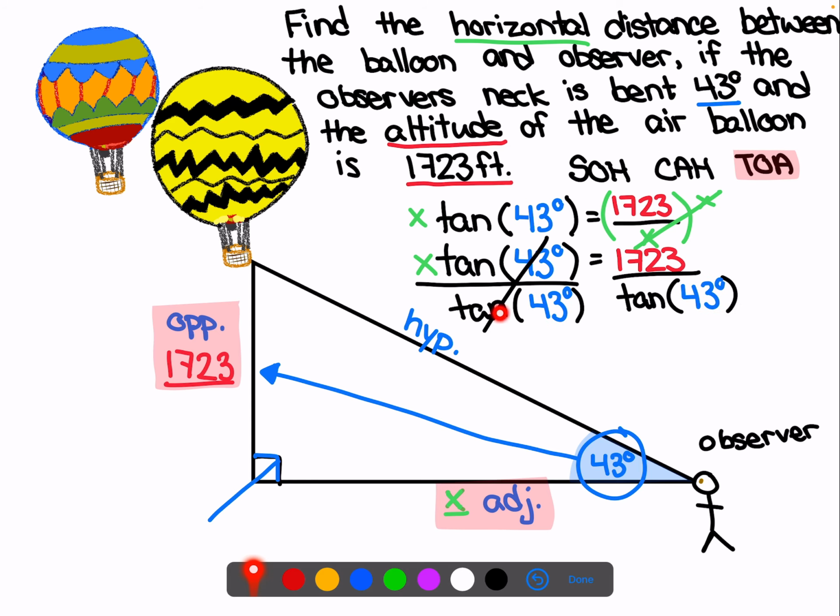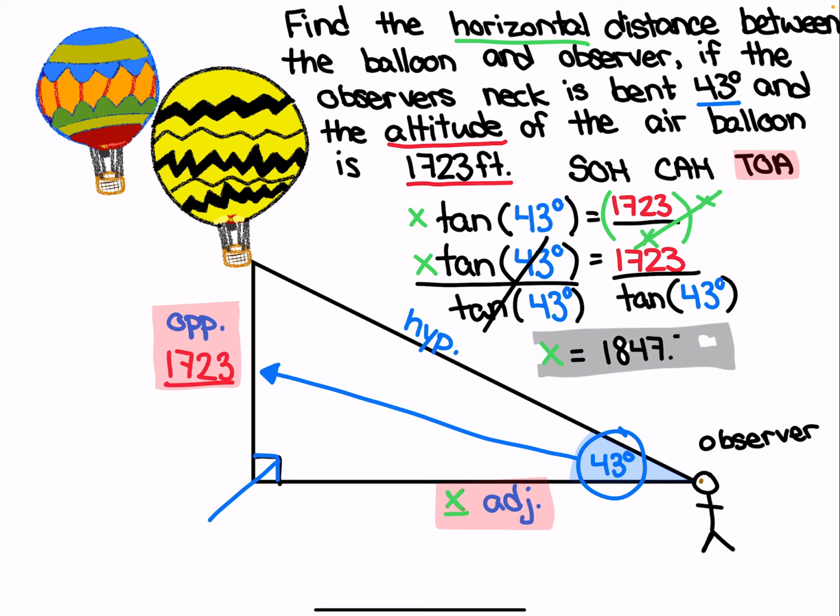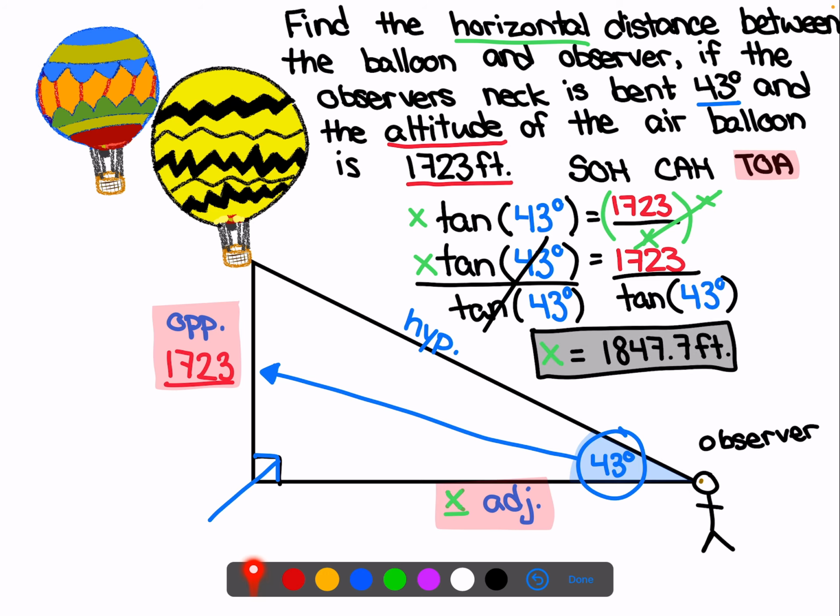On the left side, tangent of 43 will cancel, and we'll just be left with x. On the right side, we have 1,723 divided by tangent of 43. We can enter this on our calculator. Doing so will give us x is about 1,847.7 feet, which means that they're 1,847 feet away from being directly underneath the hot air balloons.